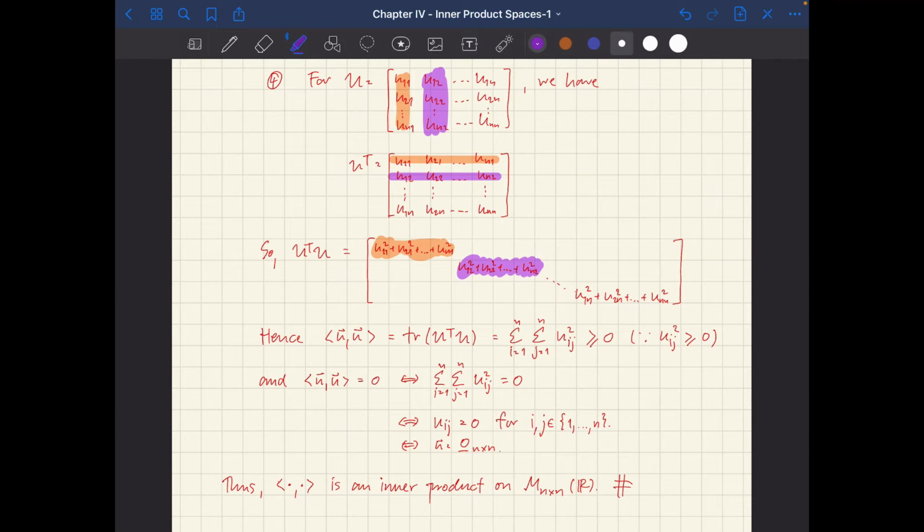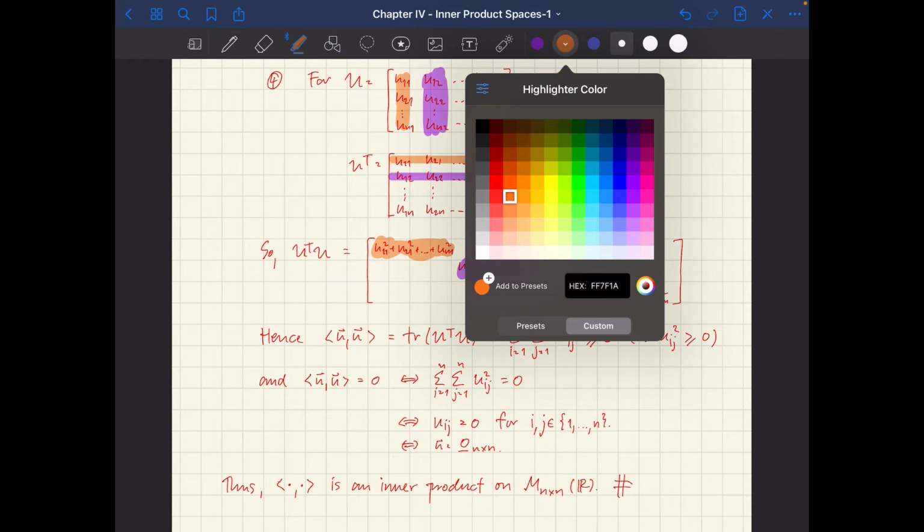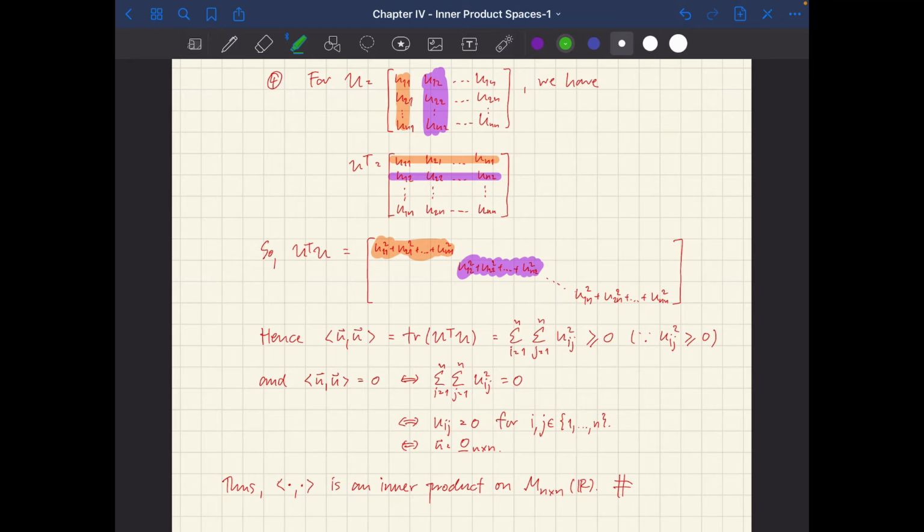And for the last entry, the entry nn, which I labeled in green, this one came from the row n of u transpose and the column n of u.